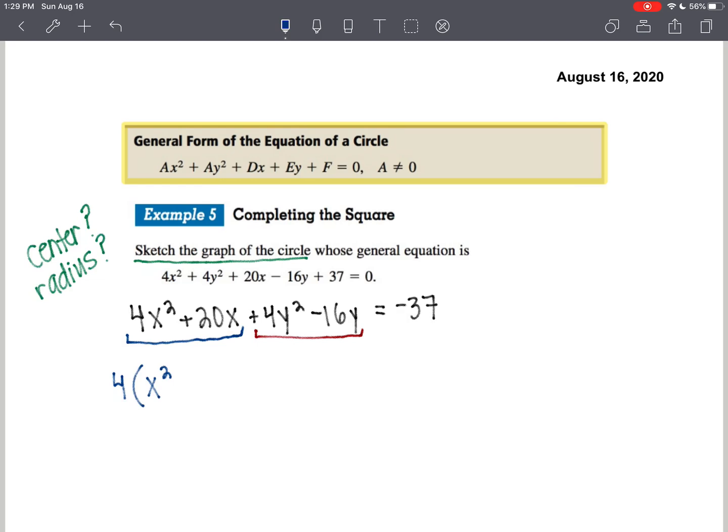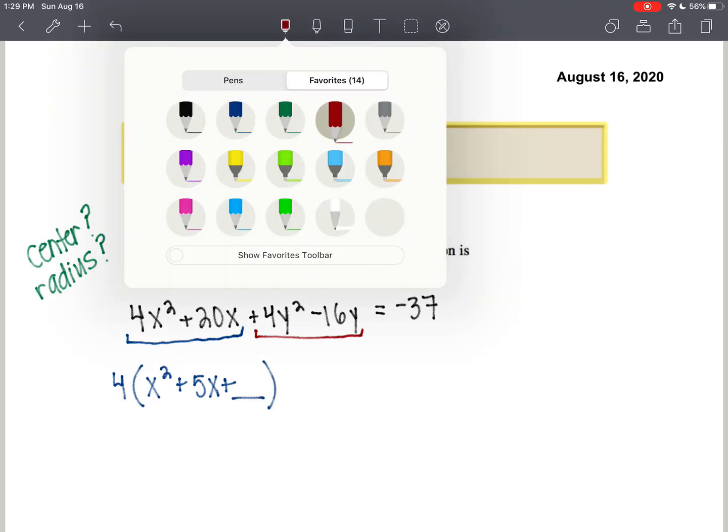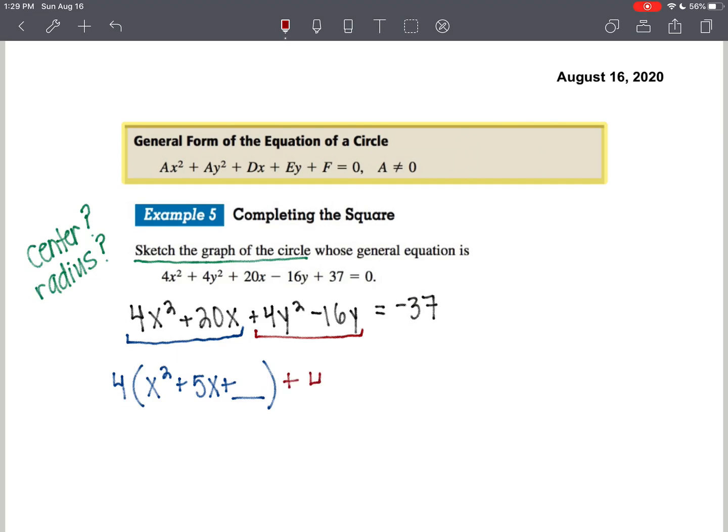Step 2, you're going to look at your two x terms, and you're going to factor out the leading coefficient. Just the leading coefficient. Leave room to complete the square. Then we're going to do the same with the y. We're going to factor out the leading coefficient, just the coefficient, and then leave room to complete the square.